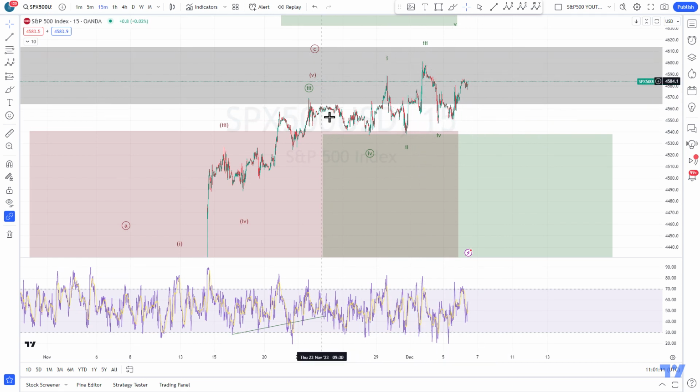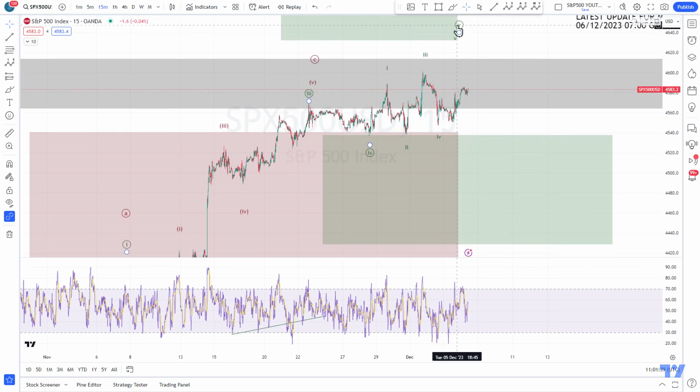So the market is figuring out what to do. On Friday, we have some economic data, so that might be a trigger for some kind of move. But for now, I would label this as, if this here is our wave 3, then this is the wave 4 low.